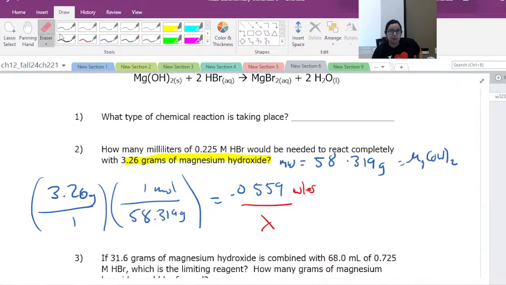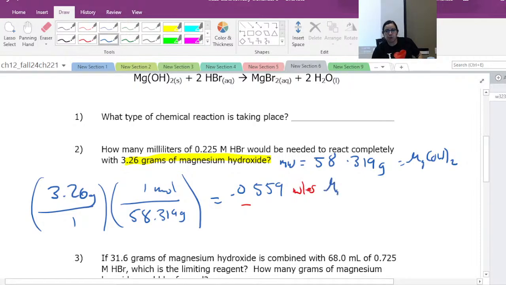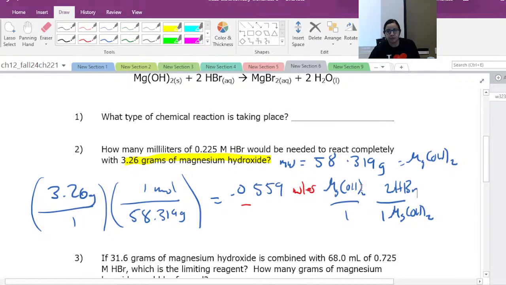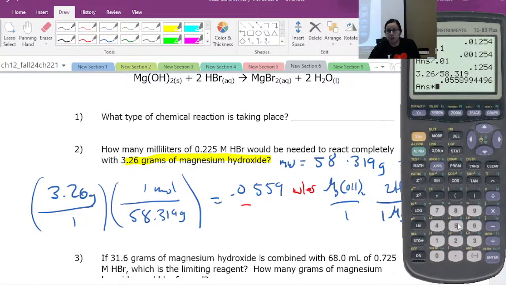I think we skipped a step, right? Before we turn this into solution, we're at moles of magnesium hydroxide. But then what's our mole-mole ratio between them? So 1 to 2. So then we need to multiply this by 2, right? For every 1 mole of magnesium hydroxide, 2 of HBr. So times 2.